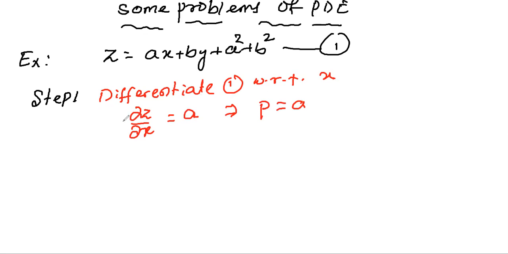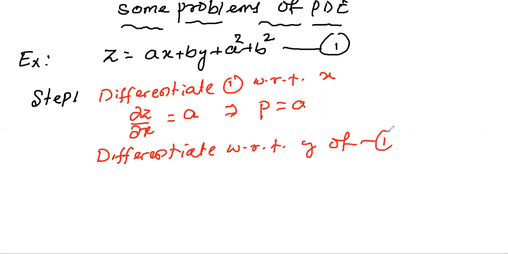Then again differentiate with respect to y of equation one. Del z by del y is equal to only b, and that value becomes q is equal to b.